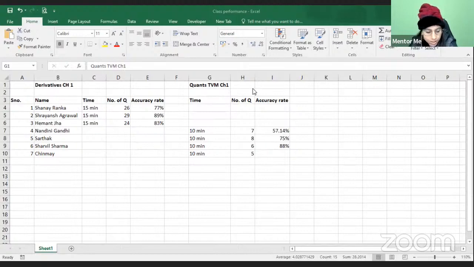Okay? Mark your correct answers and calculate your accuracy rate. Let's say you attempted 10 questions, out of which 7 were correct. So 7 by 10 is 70%. That much we can do, calculate our accuracy rate. Quickly verify your answers and work out your accuracy rate.